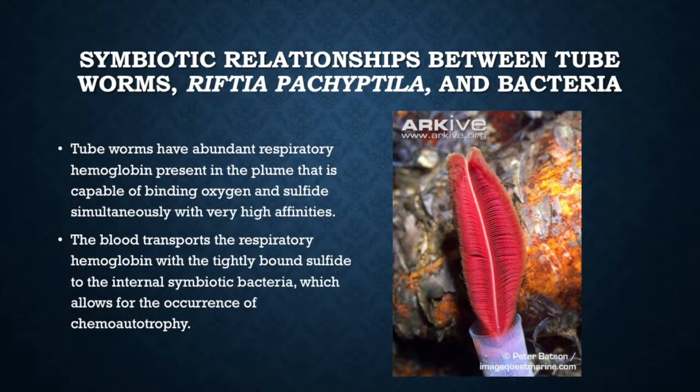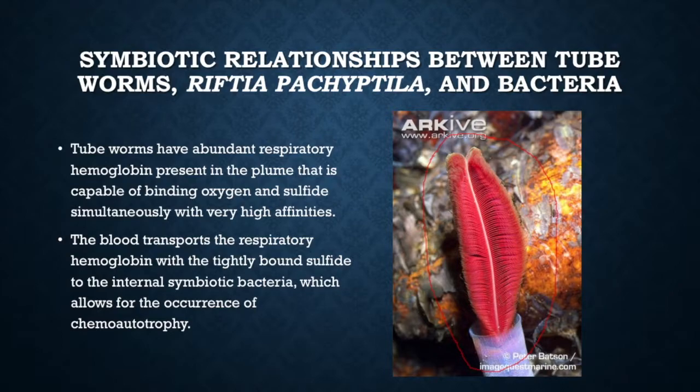All right, so now on to the main topic of what we are going to talk about in this presentation, and this is the symbiotic relationships between tube worms, with a scientific name of Riftia pachyptila, and bacteria. The main part of these tube worms is the red plume that you can see right here. Point it out real quick. It's right here. And these are what they're commonly known for.